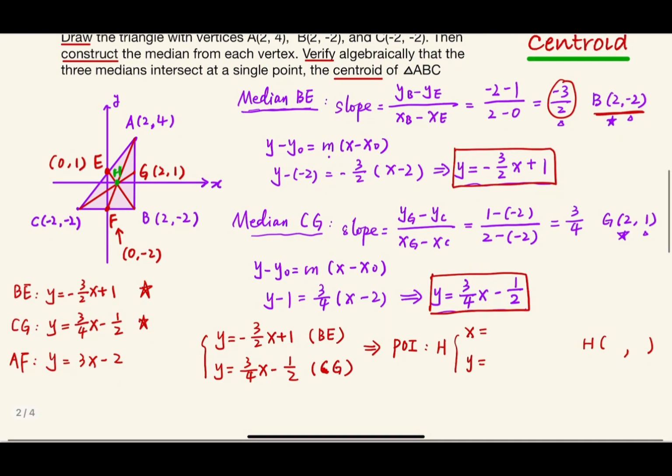Then we can write out point H its coordinate. Okay, when solving this linear system, the left side is y, so we just need to use the right side to construct a new equation. So negative 3/2 x plus 1 equal to 3/4 x minus 1/2. We unify denominators for both sides.